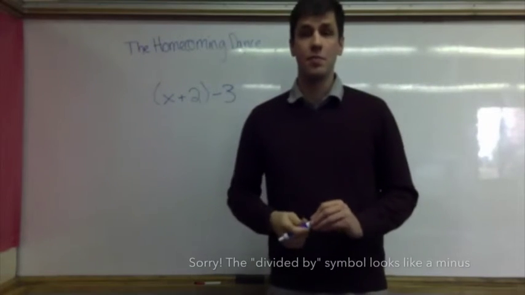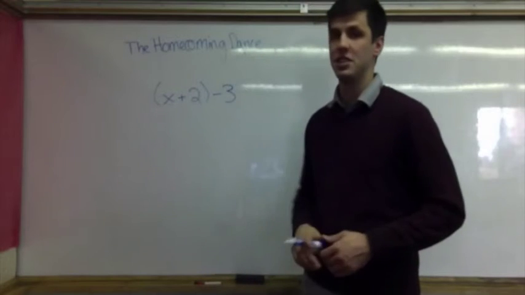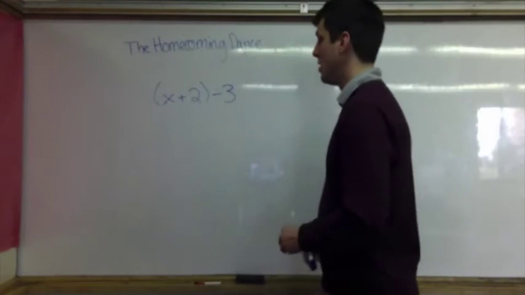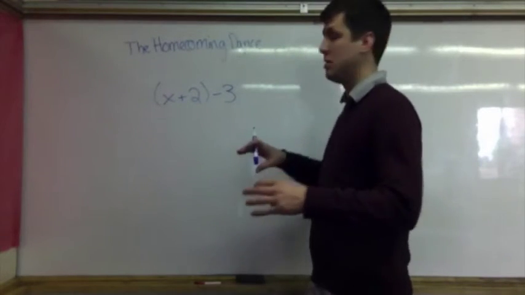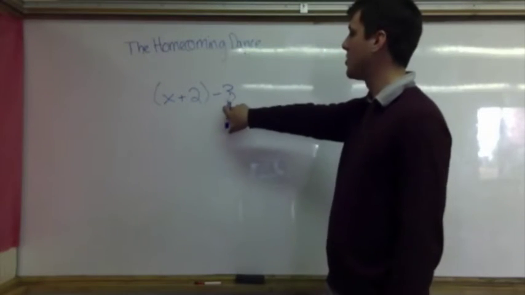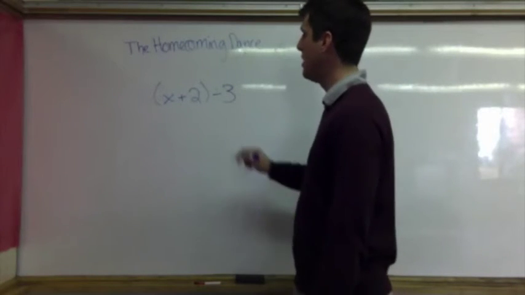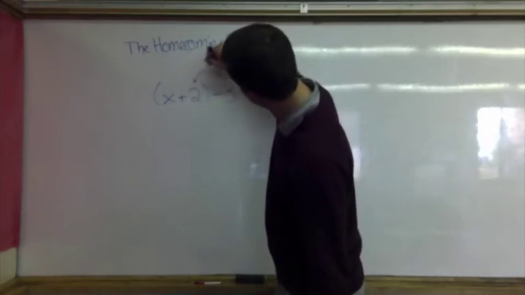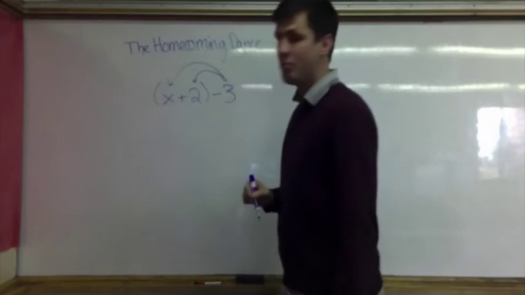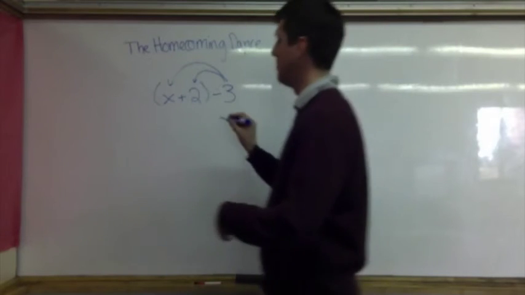With distributing, you don't only have to distribute what is being multiplied by these parentheses. You can also distribute what is dividing these parentheses. So 3 is dividing these parentheses, and the way you would distribute the 3 is you draw the arrows, and instead of multiplying 3 by each term, you would take each term and divide it by 3.